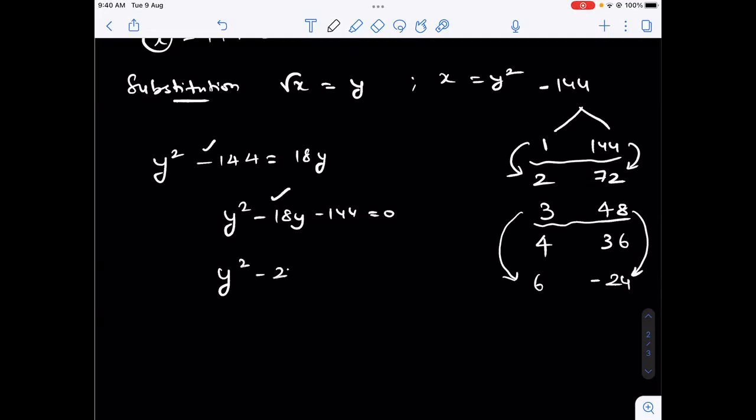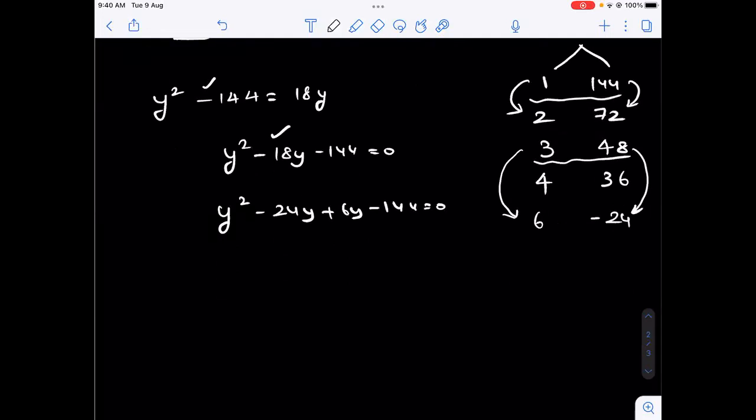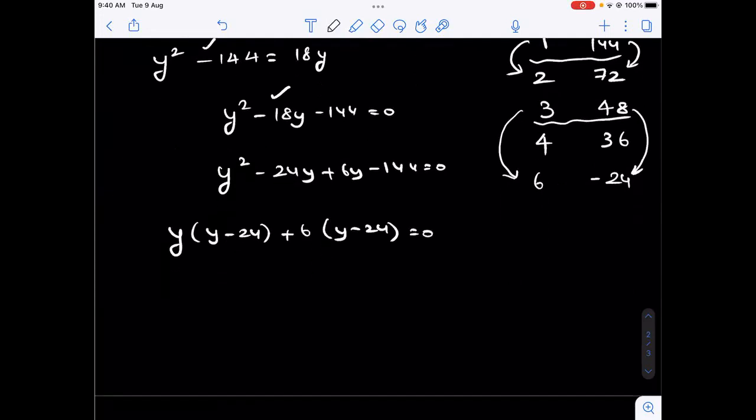So y square minus 24y plus 6y minus 144 is 0. So y into y minus 24 plus 6 into y minus 24 is equal to 0. So y plus 6 into y minus 24 is 0. Y is equal to minus 6 or 24.